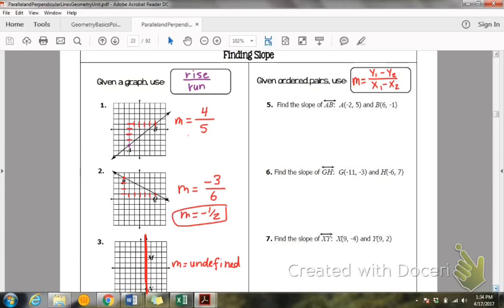So find the slope of AB. I'm going to label this x1, y1, x2, y2. Because it's a subtraction problem, we have to make sure we're really careful with our negative signs, okay? So I'm going to put my m, which represents slope, and I'm going to put AB. You guys see that? I'm labeling my slope. This means slope of AB. Y's always go on top. So I have 5 minus a negative 1.